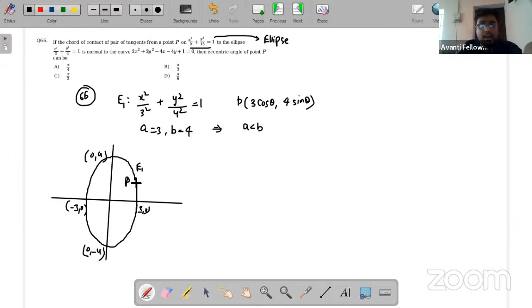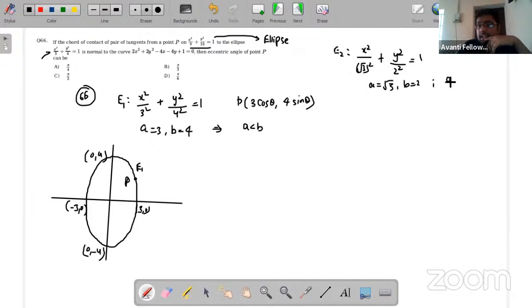And from this point P, a pair of tangents is drawn to this ellipse. Now I'll assume this as E2: x square by root 3 square plus y square by 2 square is equal to 1. Again, here a is root 3 and b is 2.